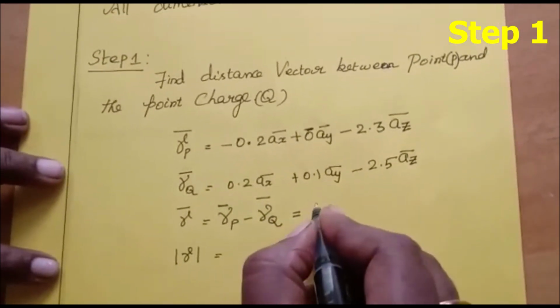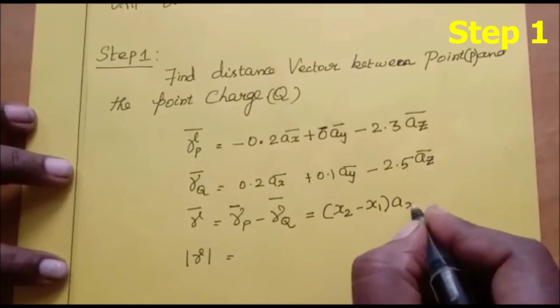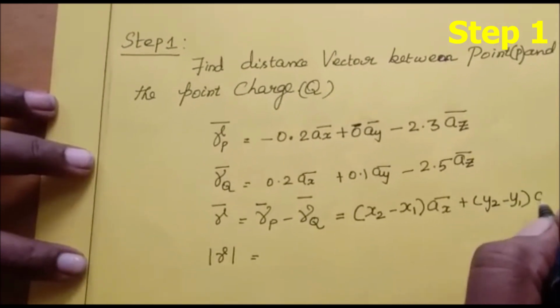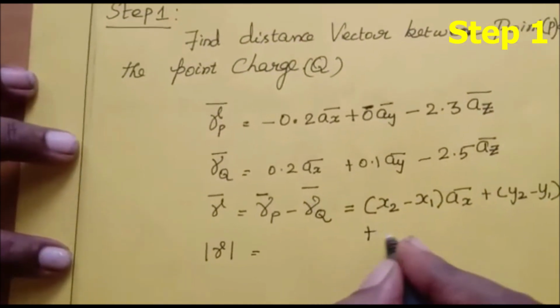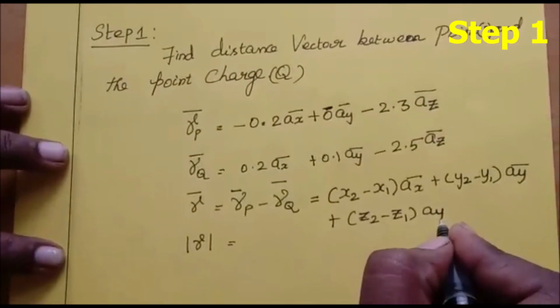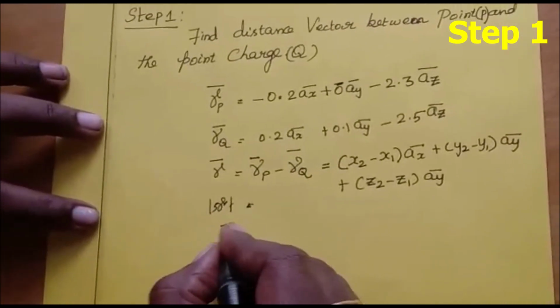The formula is x2 minus x1 into AX plus y2 minus y1 into AY plus z2 minus z1 into AZ.